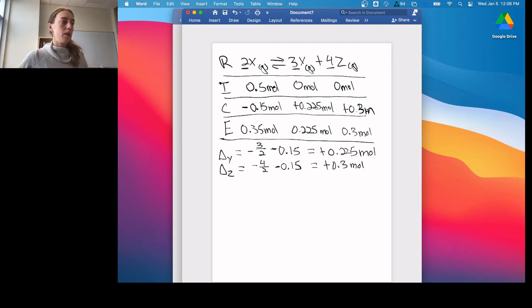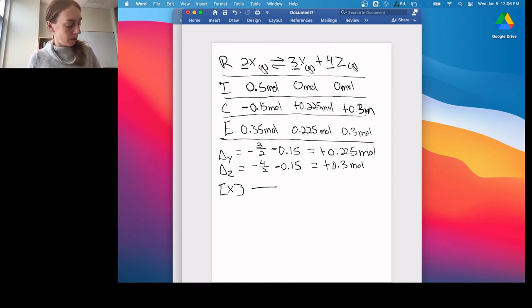Okay, so now we can solve for K because we have everything we need to plug into our equilibrium expression. But we remember that we need to do this as concentrations. Right now we just have moles of a substance. We need molarity. So for each of these, remember, we had a 750 milliliter container. So that's coming back into play here. So our concentration of X is the amount of X over the volume.